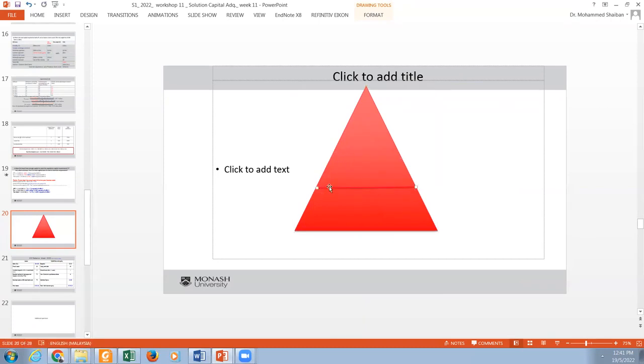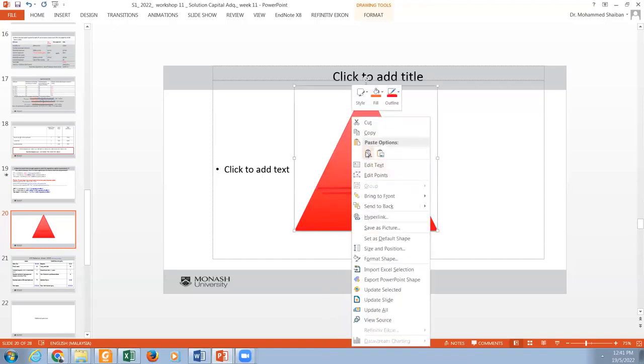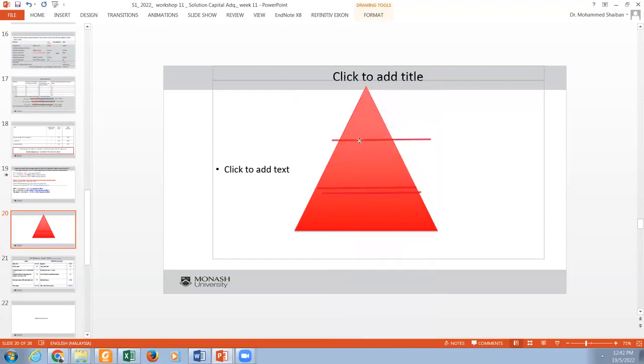And this area is tier 2. So this is common equity.